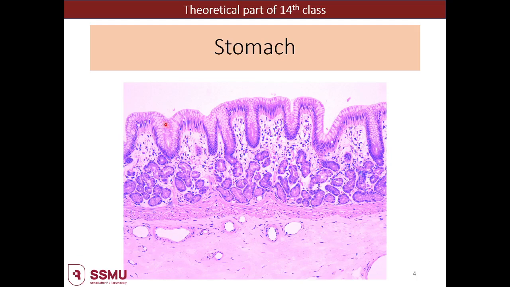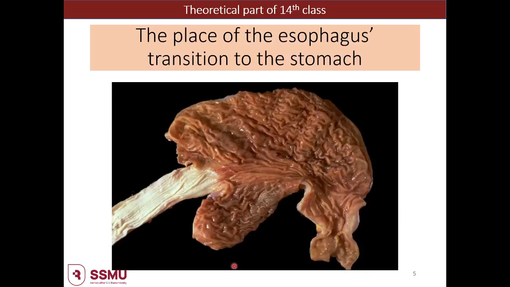Histological picture of a stomach. It's a true photo of the stomach, and we may see the mucosal layer, submucosal layer, and muscular layer; the muscle layer of the stomach is really huge, and we couldn't see adventitia and other parts of the stomach here.